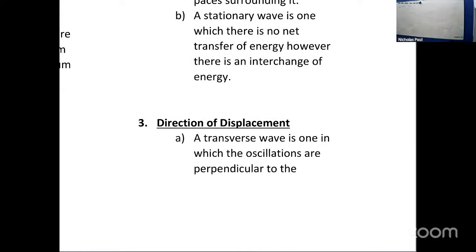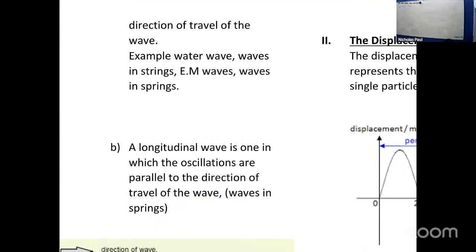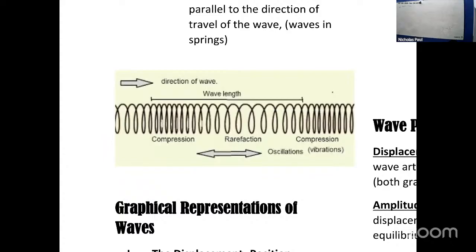Directional displacement: for a transverse wave, it's perpendicular. Remember that? And for a longitudinal wave, parallel. You have examples of transverse and longitudinal. Here we have an example of a slinky. What type of wave is this?